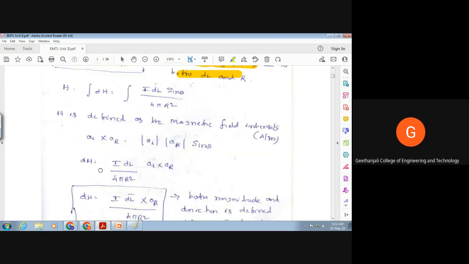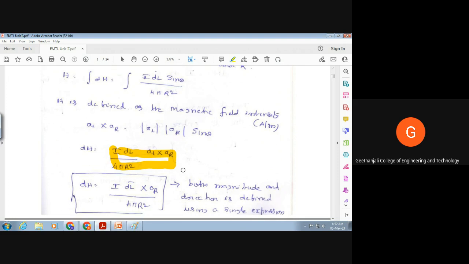So using a single expression, I can define dH equal to I dl by 4 pi r square aL cross aR. Both magnitude and direction of dH have now been defined using a single expression. But what is dl into aL? It is vector dl. So dH is equal to I dl cross aR by 4 pi r square.